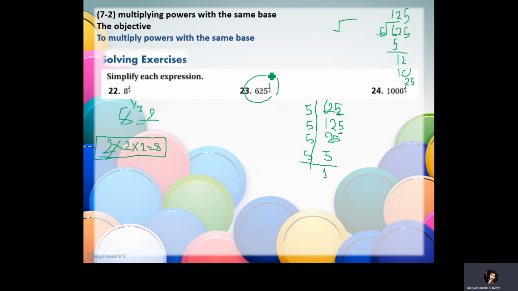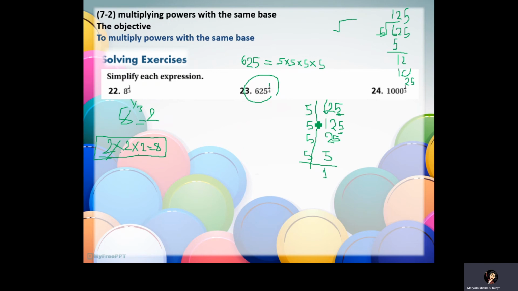So the prime factorization for 625 is equal to 5 times 5 times 5 times 5.